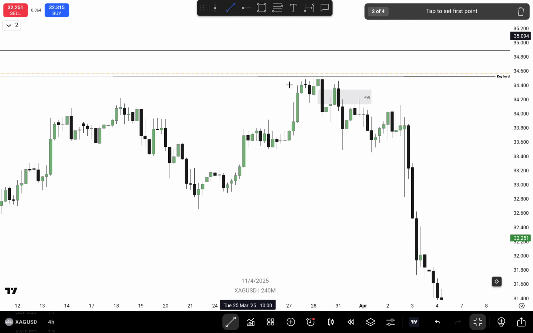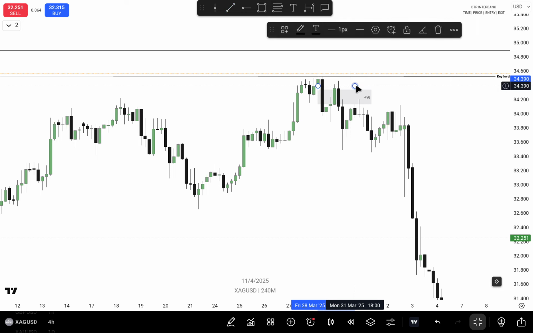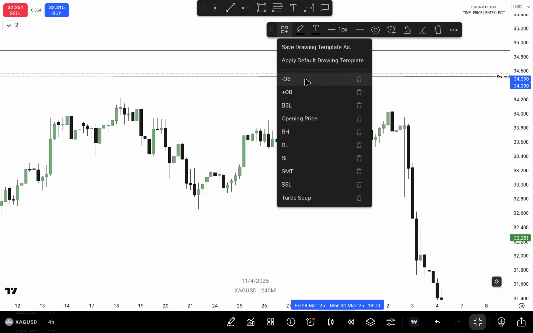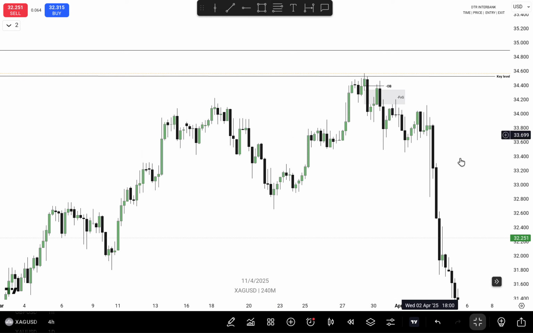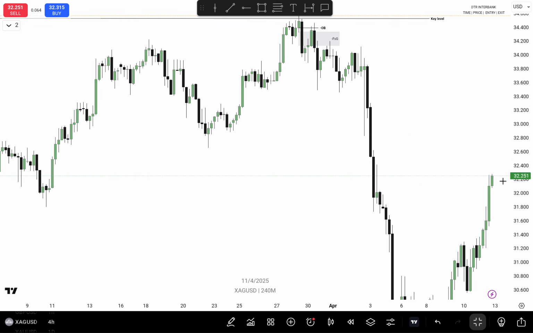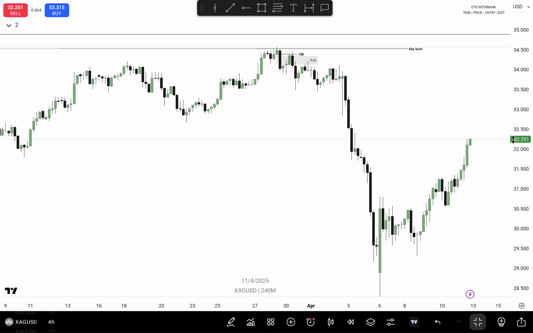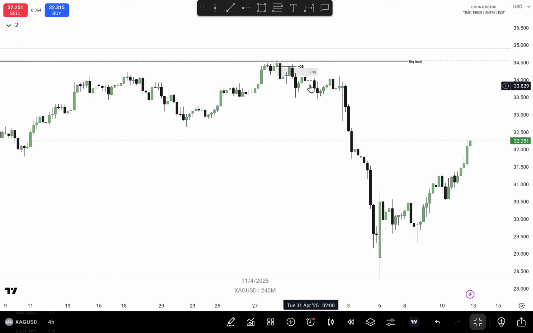And then we have the order block right there. Beautiful, right? Amazing. This is silver. I don't even trade this pair, you know what I'm saying? I just use it to gauge how gold is behaving.